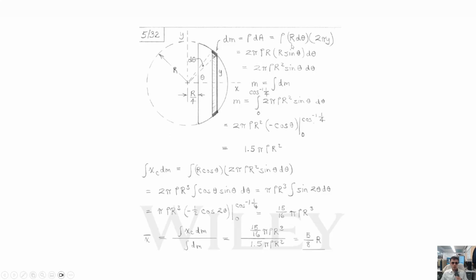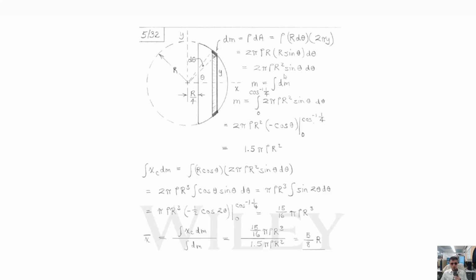And this will be the result, 2 pi y. And instead of y, I will just substitute r sine theta. Therefore, the final dm will be 2 pi rho r squared sine theta d theta, and it is better to also put t here, which is the thickness.